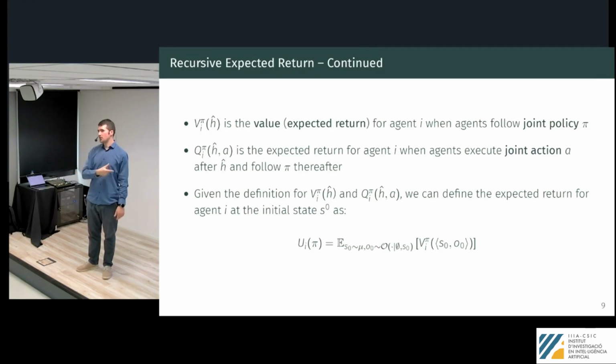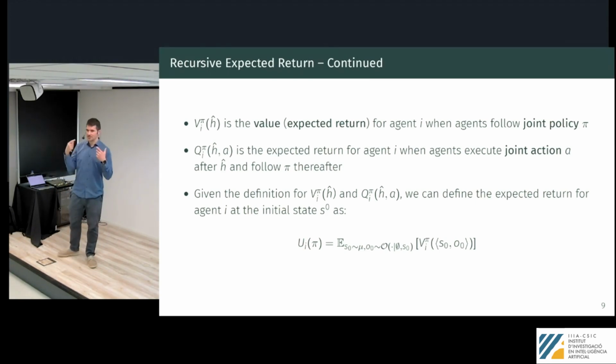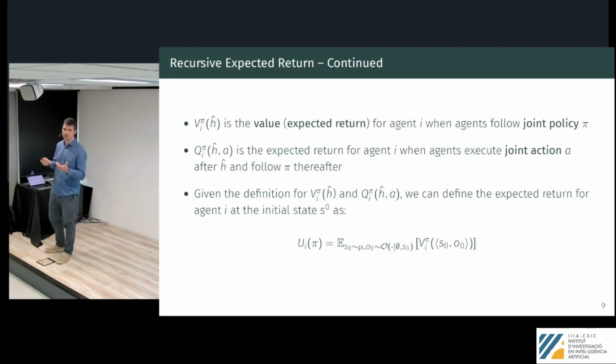But in order to follow the rest of the lecture, you don't need to know the details of this particular definition. You can just keep in mind conceptually, okay, V or Q, whichever we end up using, is just a notation that describes the expected return for a particular agent I for a particular joint policy. If you didn't feel these definitions were completely clear, you can go back to them later. But for the rest of the lecture, just keep in mind these simply refer to the expected return.